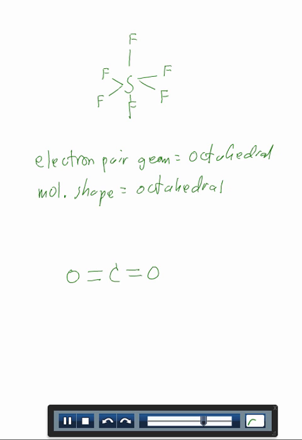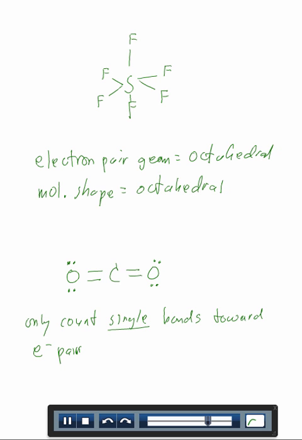Let's consider carbon dioxide. We saw that we have a Lewis dot structure that looks like this for carbon dioxide. So what is the geometry around the carbon atom? Only count single bonds toward the electron pairs around an atom.